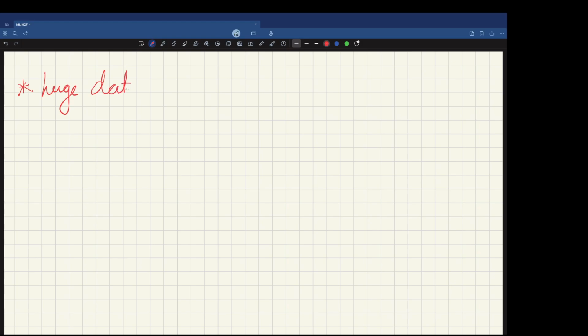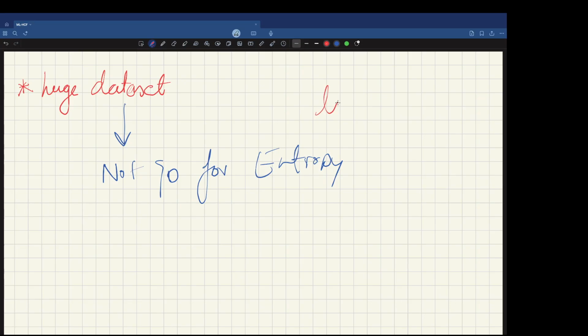Huge data set. The point is huge data set. If you are having a huge data set, in that case you should not go for entropy. The reason being, it is using a logarithmic function, right? So if you are using a logarithmic function, you have to find the log, and that increases your time.